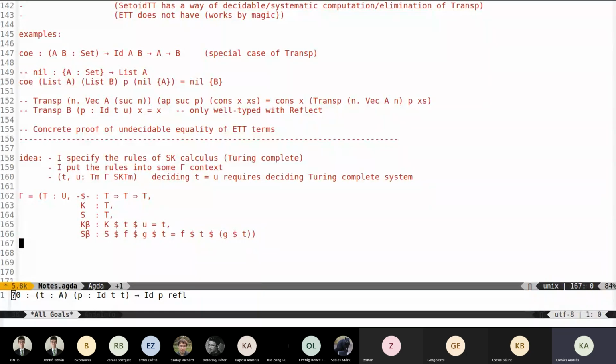Yeah. So if I'm working in this context, then Tm gamma T has undecidable equality.